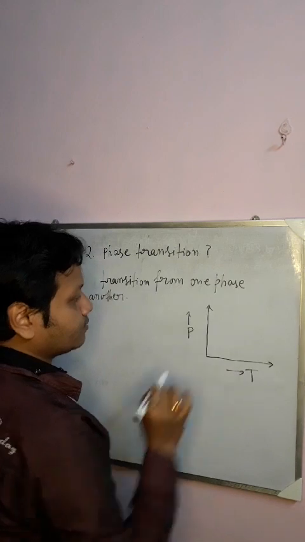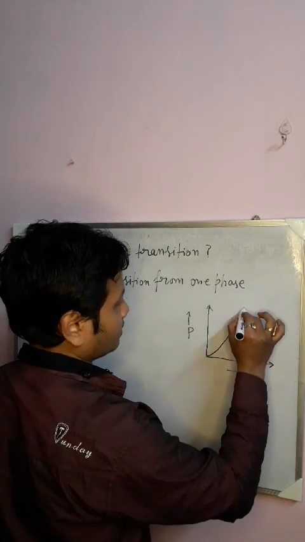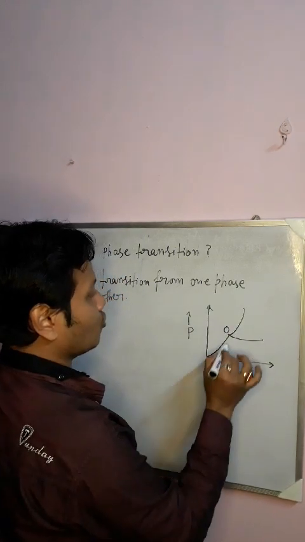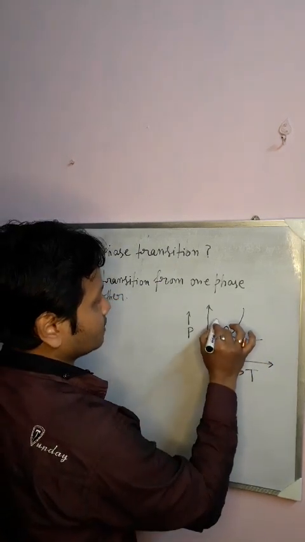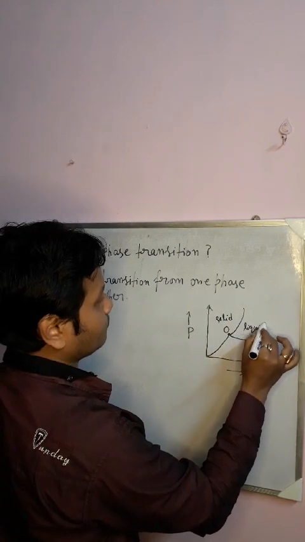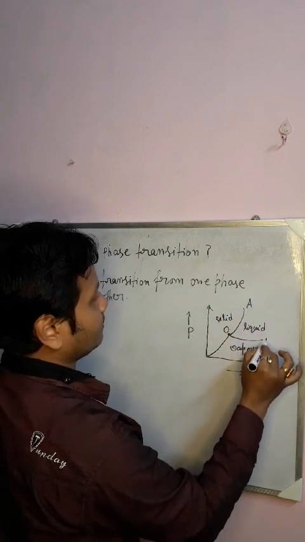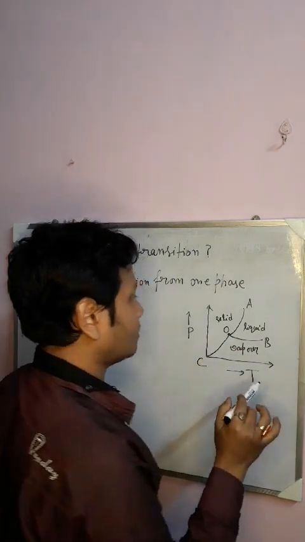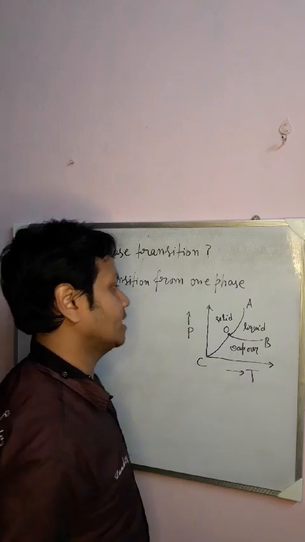So what happens in the pressure temperature diagram, if we draw, then there are three curves, you all know it. Say this is point O where the three phases coexist. So this is solid, this is liquid, and this is vapor. Just give it a name A, B and C. So O is the point where for a particular pressure and temperature all the three phases exist simultaneously.